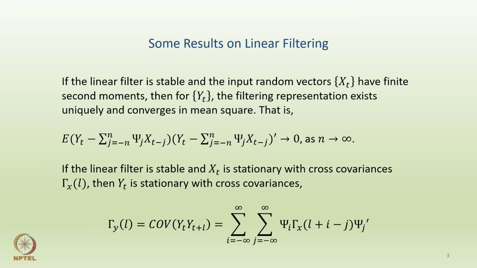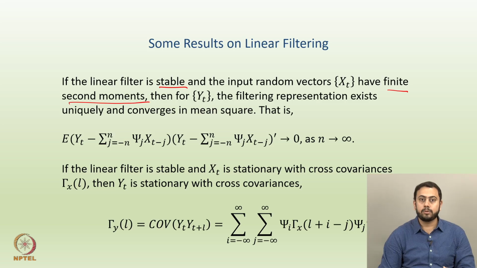Now, if the linear filter is stable, as we saw in the last slide, and on top of that the input random vectors x t have finite second moments, then for the output vector y t the filtering representation exists uniquely and converges in mean square.